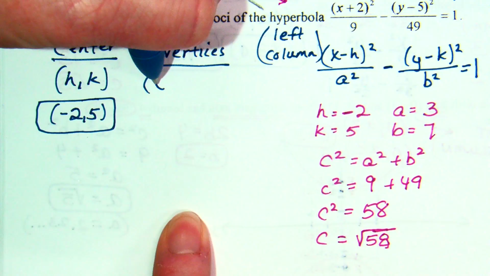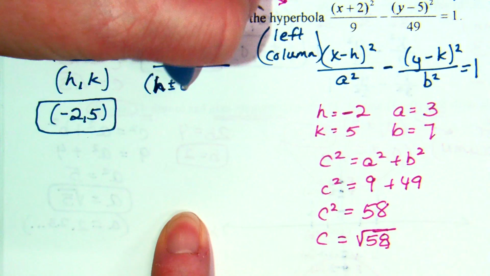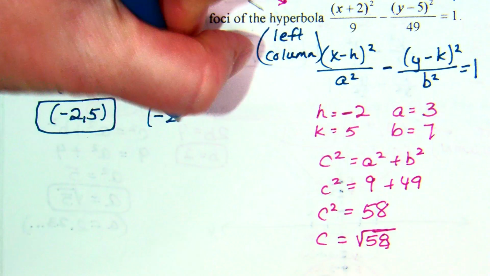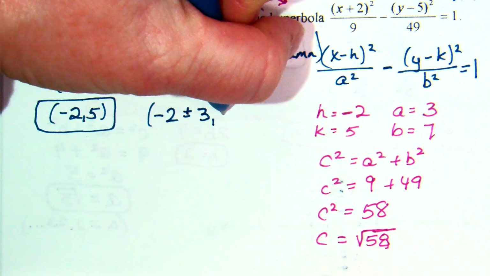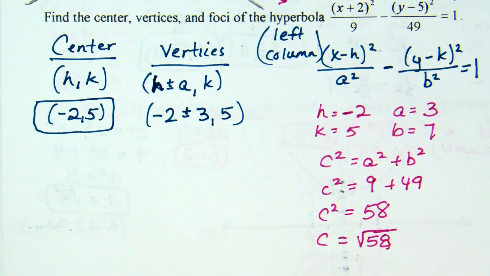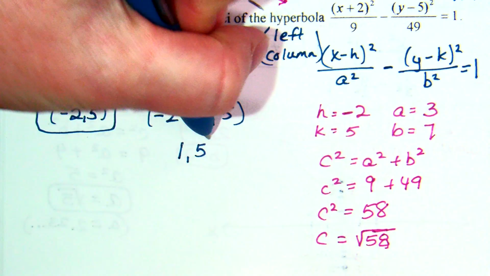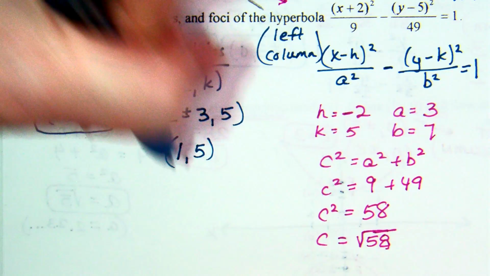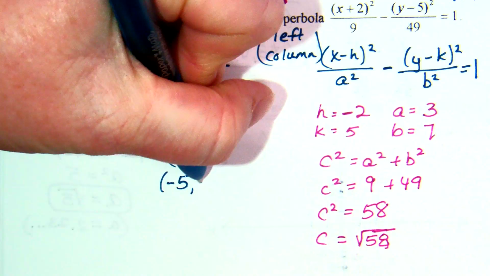So put the numbers in: negative 2 plus or minus 3, comma 5. Did I write the correct numbers in? Yes. Don't stop here. What's negative 2 plus 3? 1. So 1, comma 5. What's negative 2 minus 3? Negative 5, comma 5.